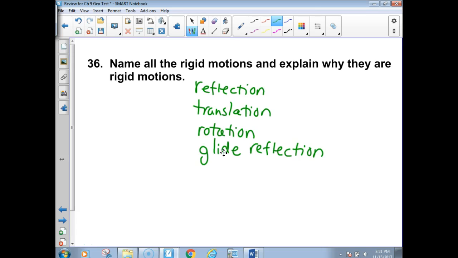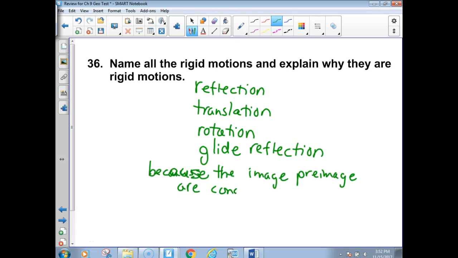Those are all rigid motions, and that's because the image and pre-image are congruent. That's one way to say it. Another way to say it would be, why are they congruent?